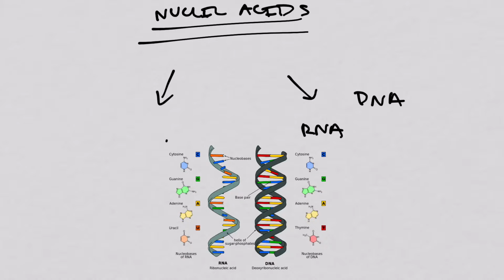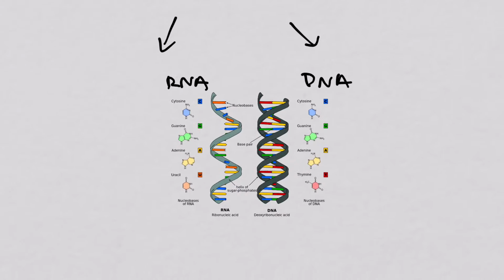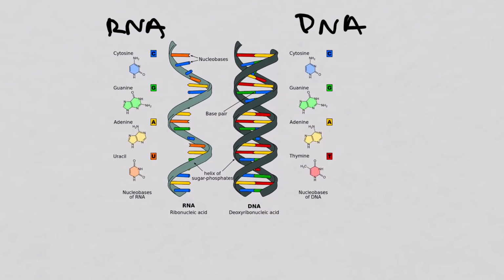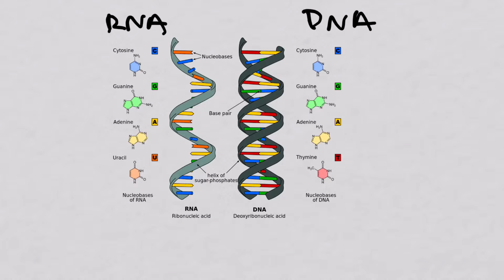Okay, DNA on this side, RNA on the other. Okay, boom. So, DNA versus RNA. As you can see, DNA and RNA are both made up of the monomer, which is a nucleotide.